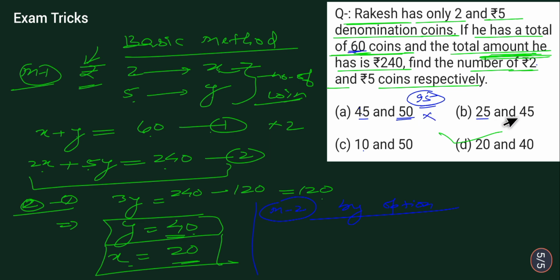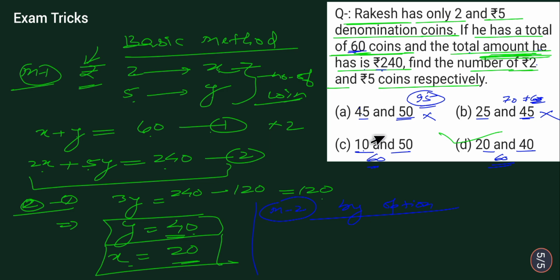25 plus 45, total is 70. It can't be equal to 60 because 60 coins are given in the question, so it can't be your answer, right? Now 10 plus 50, that is 60. It can be your answer. And 20 plus 40, that is 60. It can be the answer too, right? C and D are possible, but we have to check another condition: the total amount he has is 240.